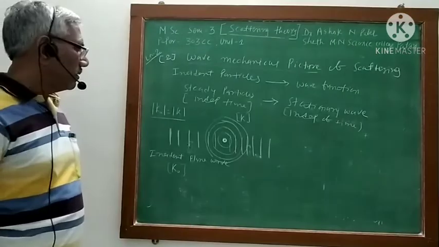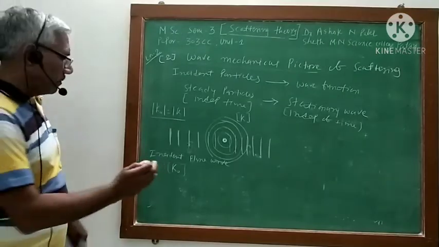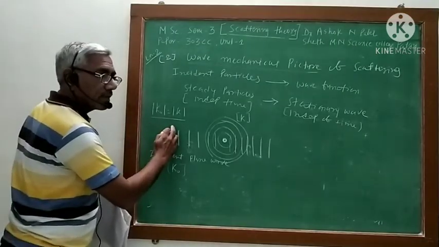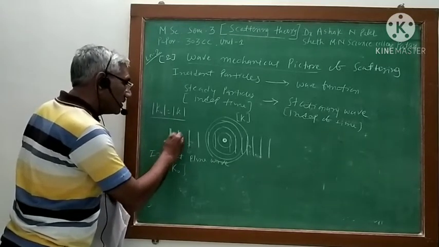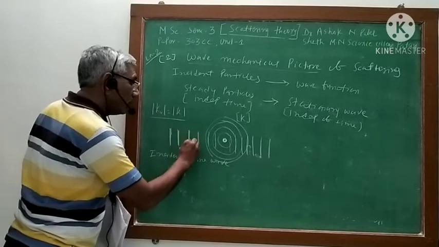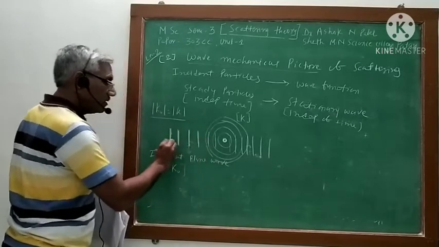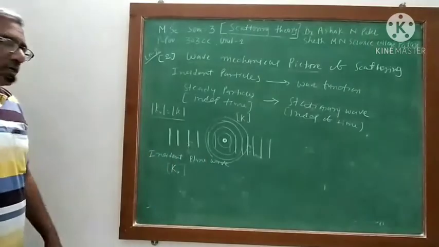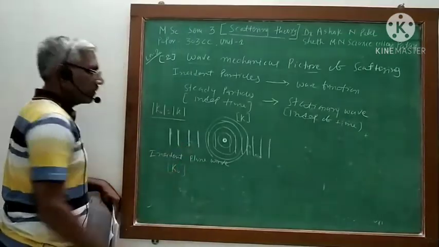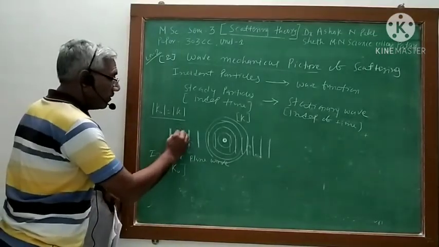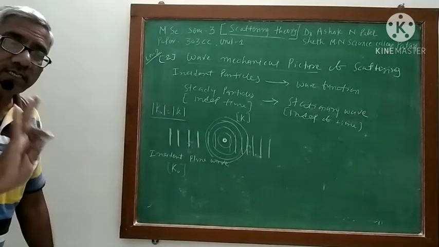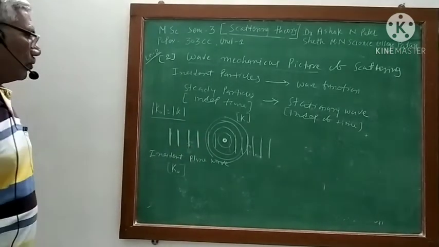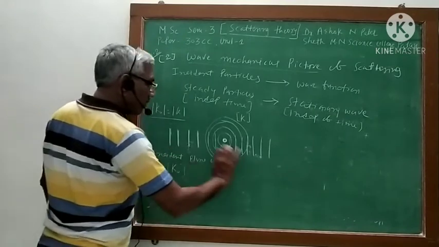Very simple thing: whatever waves are coming at a particular time, these are the planes with constant phase. In this plane, the wave has constant phase. So these are the planes in which the wave has a constant phase. So that's why it is called the plane wave.